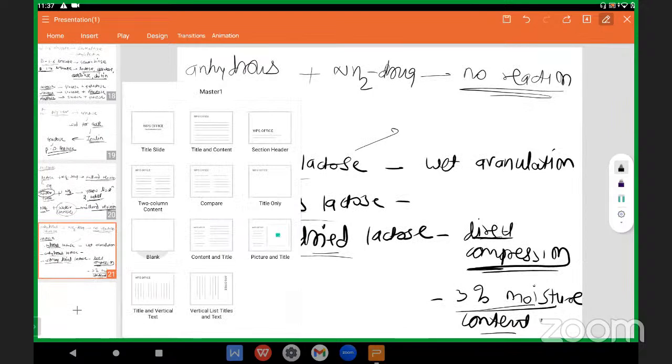Tell me some other examples of diluents that we use. Have you heard about dibasic calcium phosphate? Calcium sulfate?